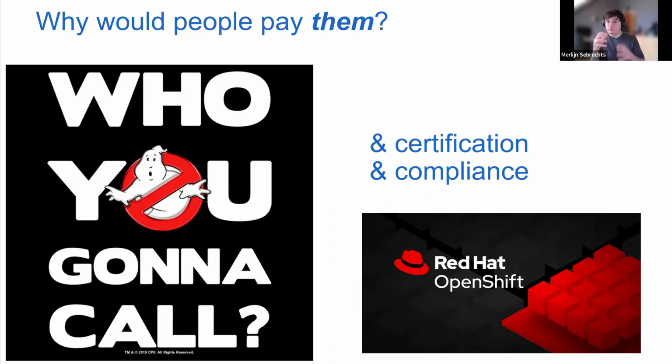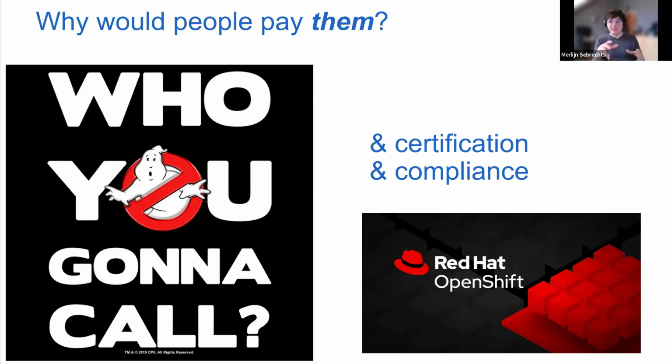You are going to call Red Hat, obviously. If you use one of the compatible competitors, then if something goes wrong, you can't go to the experts in order to solve these things. You have to go to the vendor of your software.